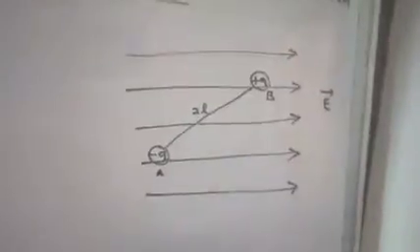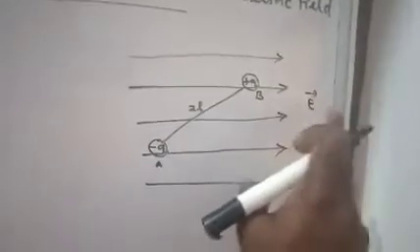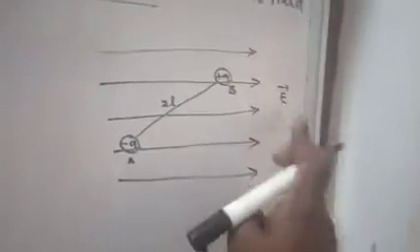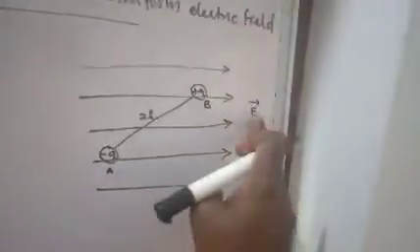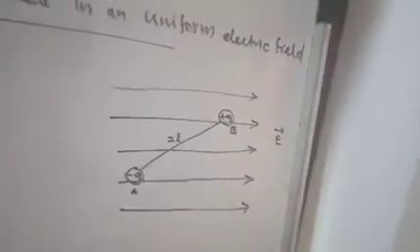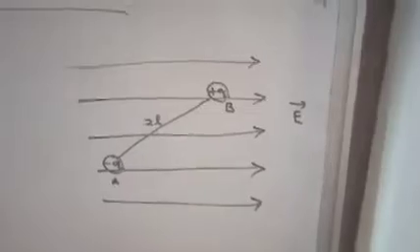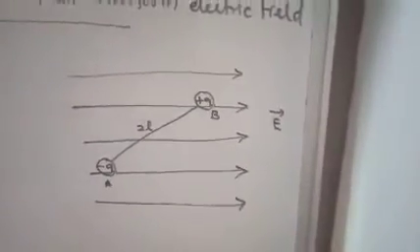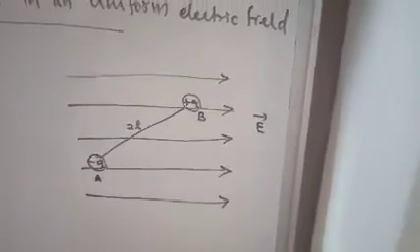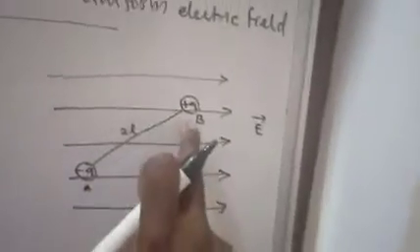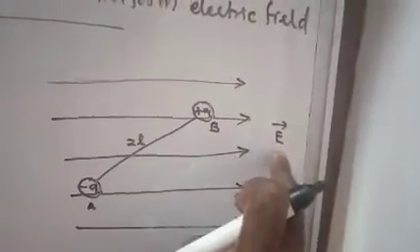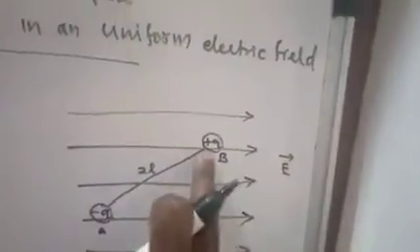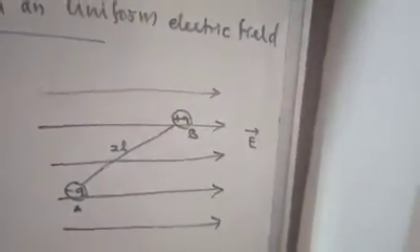Now this figure shows an electric dipole placed in a uniform electric field region of intensity E. As you know, an electric field region means a region where a charge placed experiences force. Since this is a plus q charge placed in a uniform electric field region of strength E, this plus q charge will experience force.